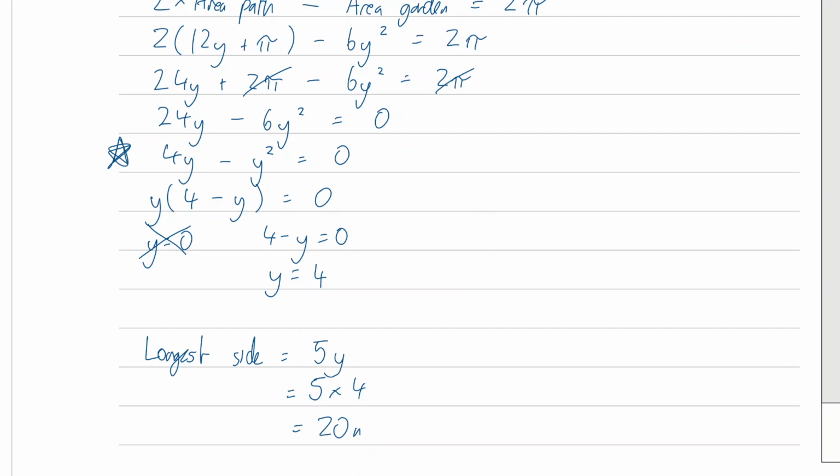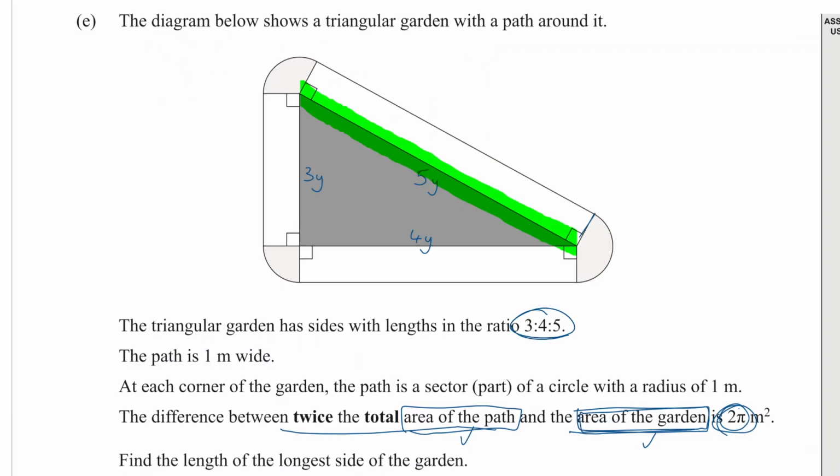Awesome. So just to recap this one, at the start, the problem did look a bit challenging, but we straight away used this ratio. So I wrote 3, 4, 5. We've seen 3, 4, 5 triangles before, but since we don't know the exact length, instead of 3, 4, 5, we wrote 3y, 4y, 5y.